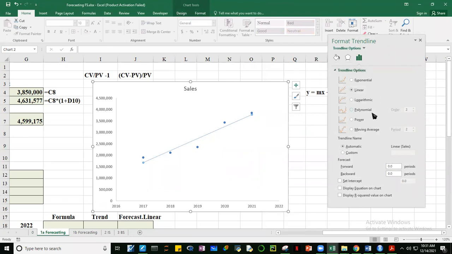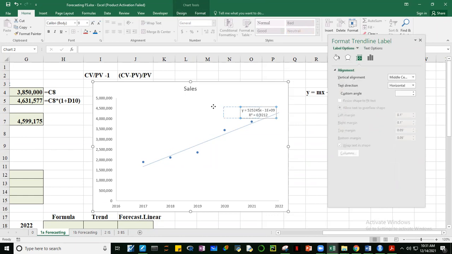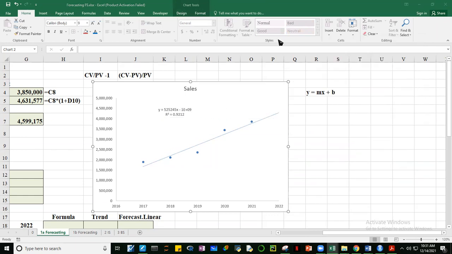So different forms of trend lines, pwedeng exponential, etc. Pwede natin i-forward siya. Forward ng one step, ibig sabihin 1 year in advance. Tapos ito, guys, i-click natin yung display equation and display R squared. We should have that. Okay, pause muna ako, guys, and kindly chat if you were able to follow along. Kung nasundan nyo to.